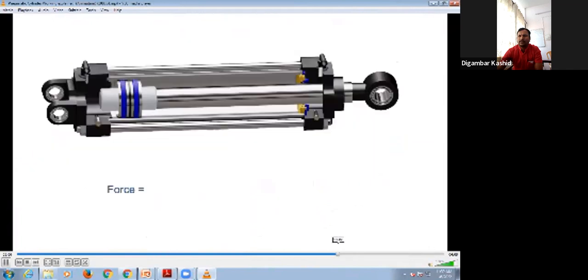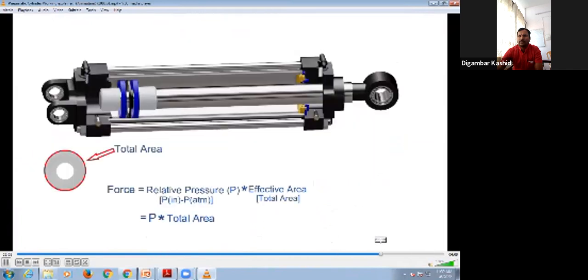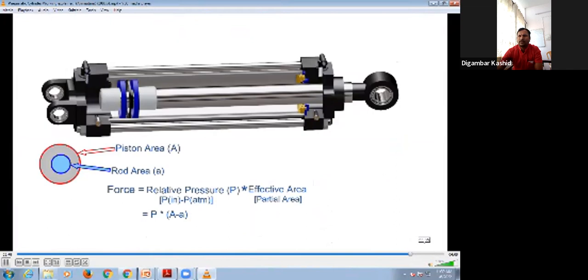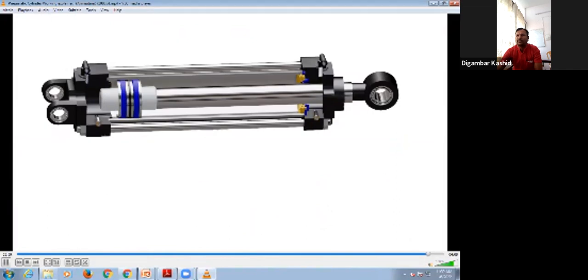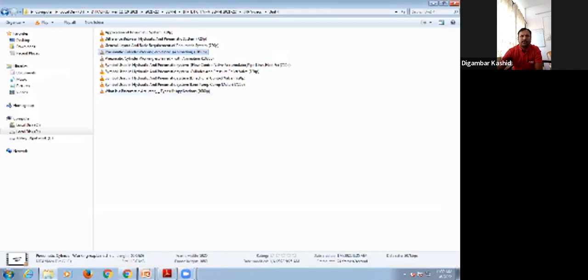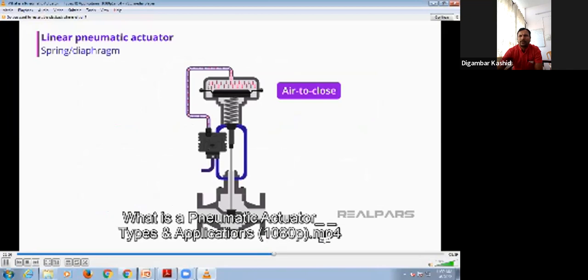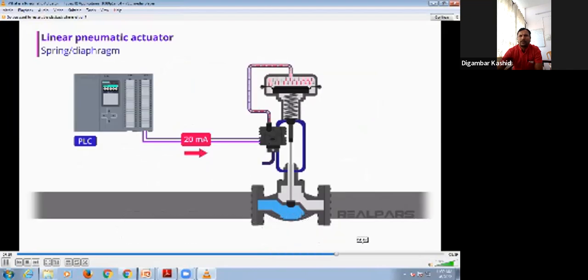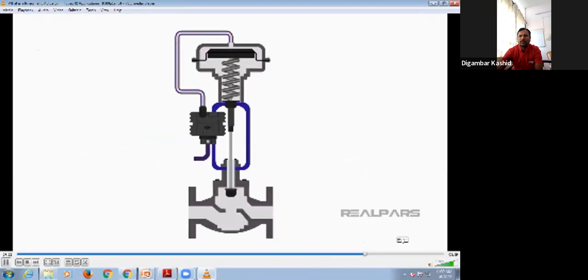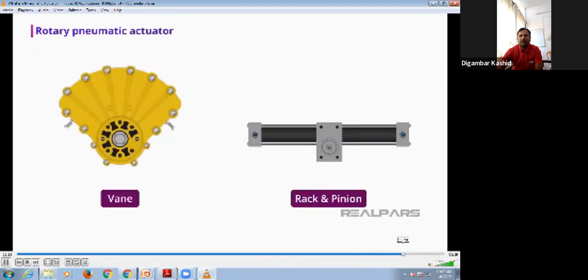The vertical force of actuator applied by total area of piston. The diameter of rod and length of This actuator stem to move. Card produces a 4 to 20 an actuator receives vane style and the rack and pinion style.